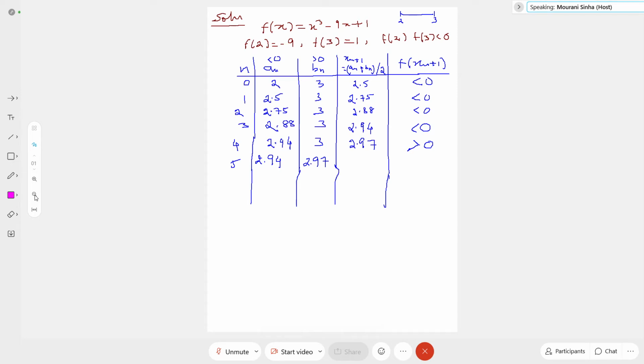So 2.94 remains the same in the negative column, and the new 2.97 goes to the positive column. Whoever answered right, answered correctly.